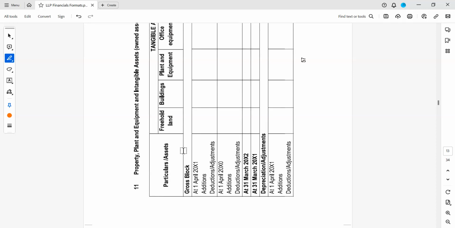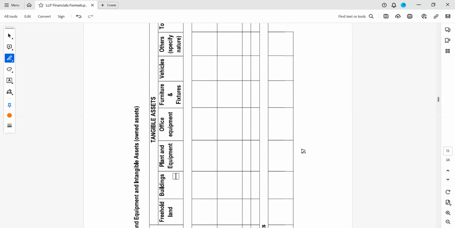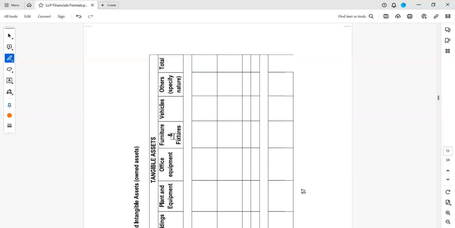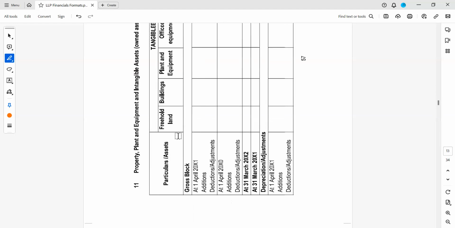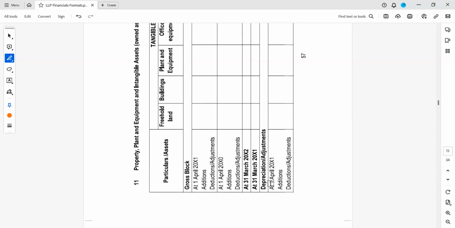You see the format which they have followed in that example company balance sheet which we have seen, they have followed the same format. This particular freehold land: in columns they have taken the assets and in rows they have taken the changes. I mean opening balance, additions, deletions, closing balance for previous year and current year.